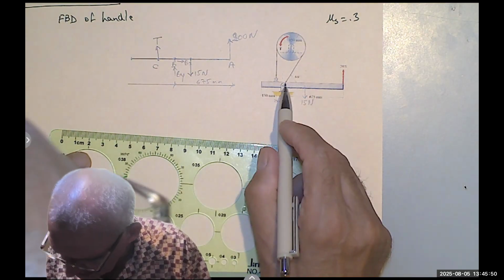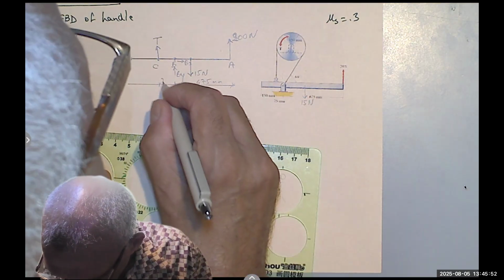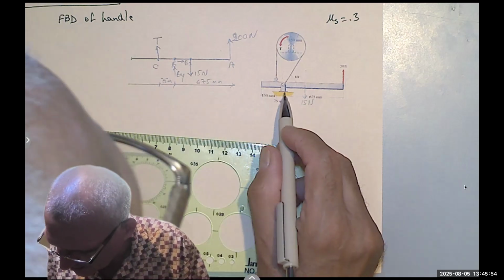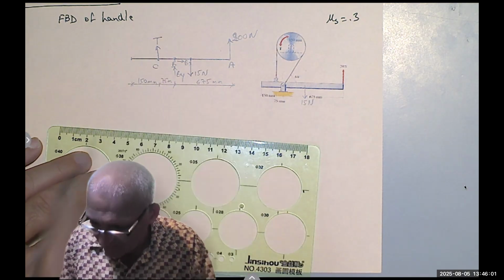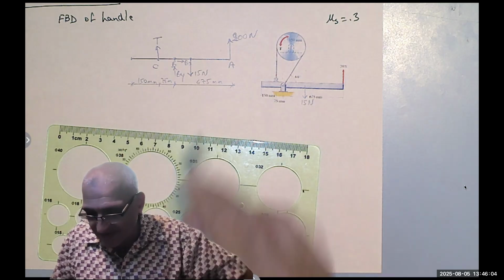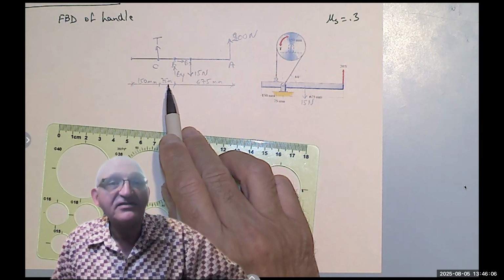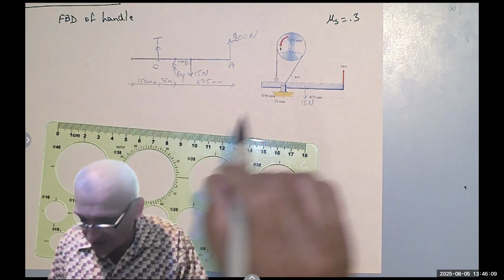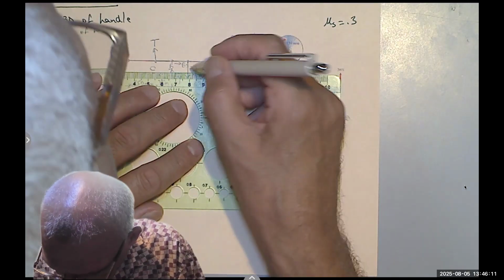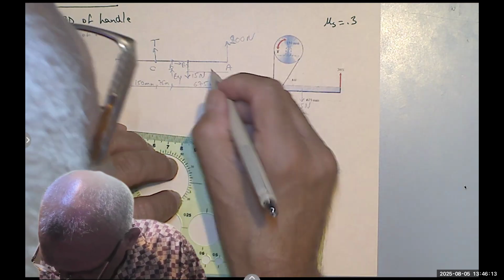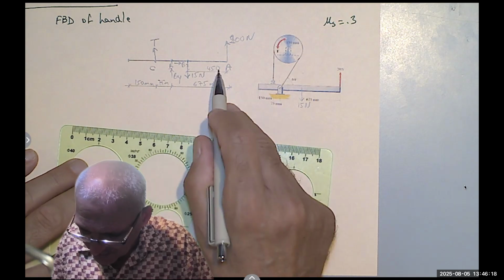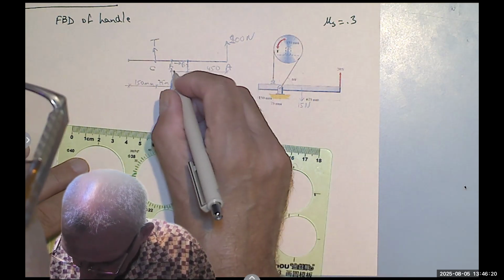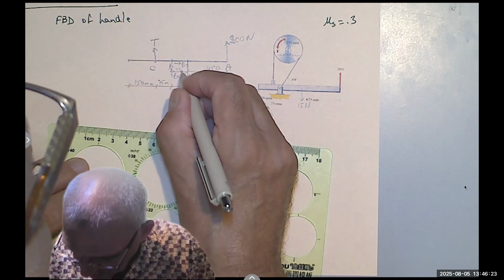From B to C, it's 75. And from C to the end, it's 150. So if you add them all up, you get 675 and 75 is 750, plus 150 is 900. So the load or the weight is 450 from here. And since this is 675, minus 450 is 225 from there.